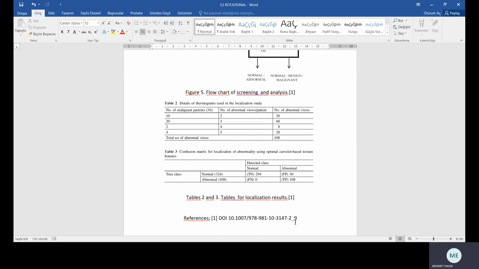It is found that all the identified abnormal views were detected, while 30 normal views were misclassified as abnormal. Hence, detailed case studies were conducted to validate the performance of the system with the opinion of expert radiologists. The abnormal views detected by the system were compared with expert opinion and respective ultrasound findings.